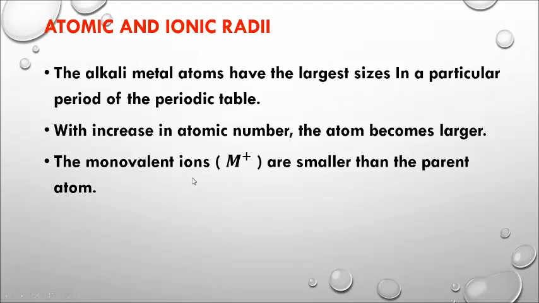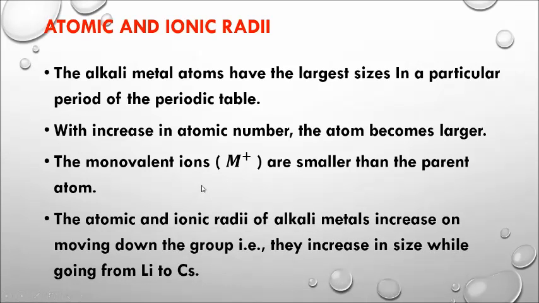This we have learned in the previous chapter, that monovalent ions or cations are smaller than the parent atom. The atomic and ionic radii of alkali metals increase on moving down the group. That is, they increase in size while going from lithium to cesium. Francium is a radioactive element.